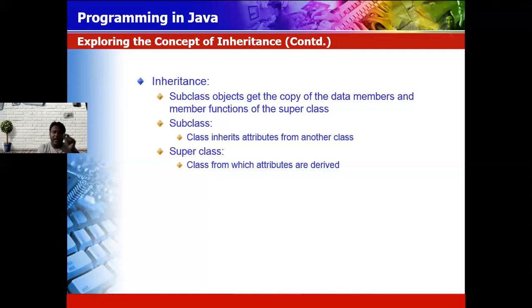The subclass inherits attributes from another class, copying the data, and also has its own functionality. The class from which attributes are derived is called the superclass.